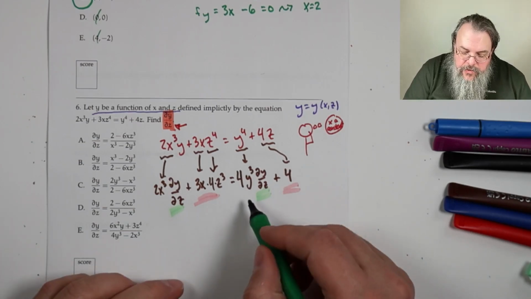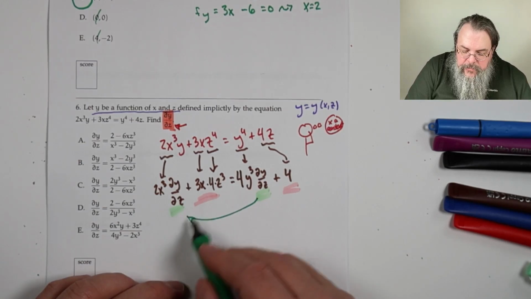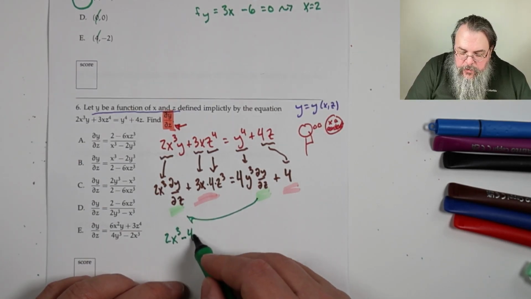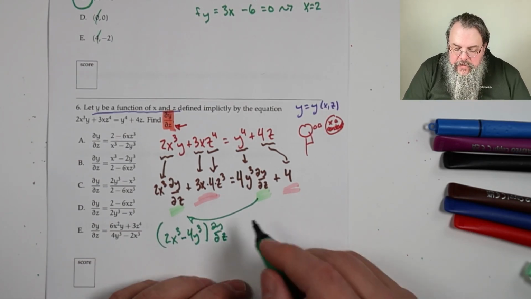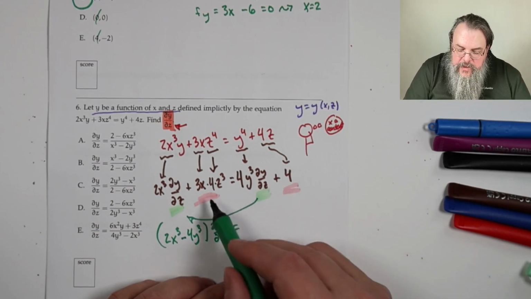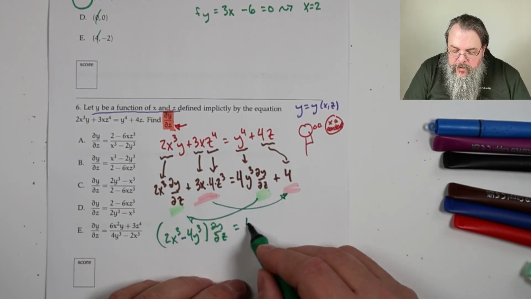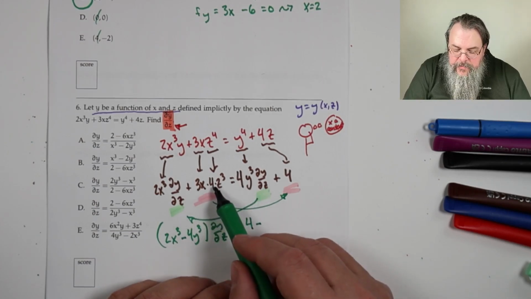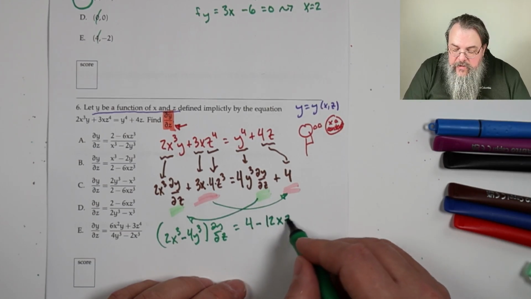If we move this across and factor out, we get 2x cubed minus 4y cubed times partial y, partial z is equal to, and then here we're going to move this across, and that's going to be 4 subtract, and well, we have 3 times 4 is 12, and 12xz cubed.